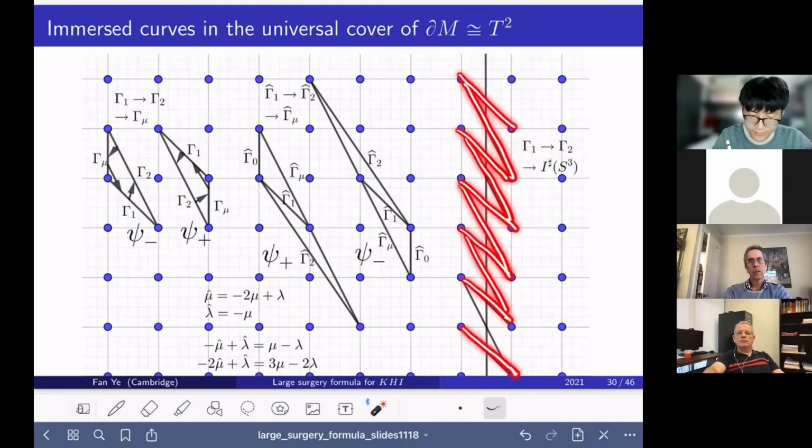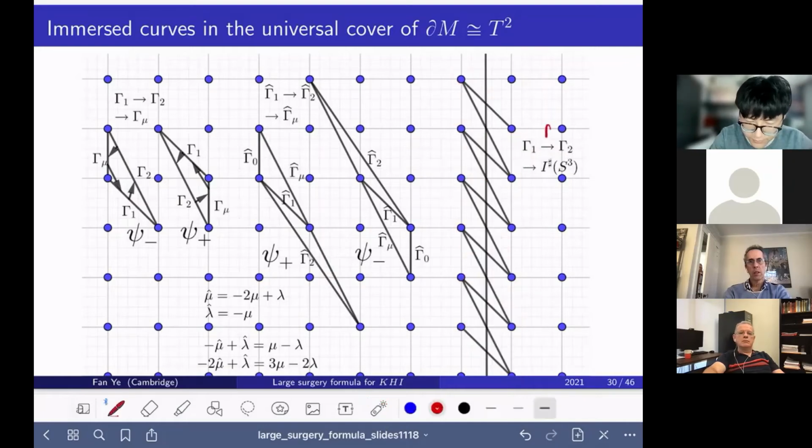And then we can consider the map F, roughly speaking, to be the summation of all these maps.